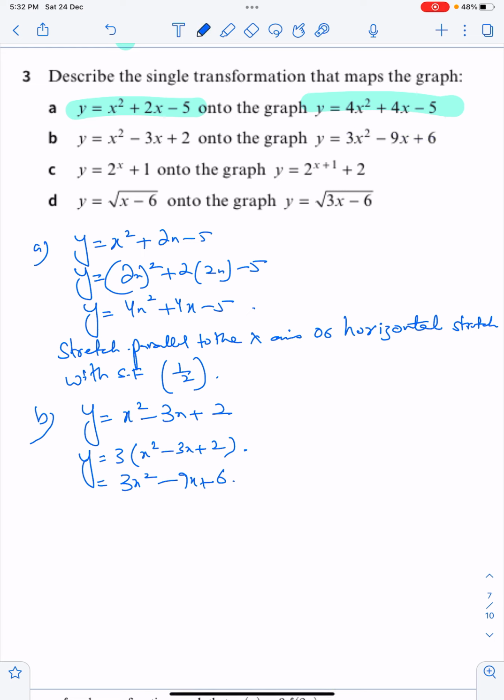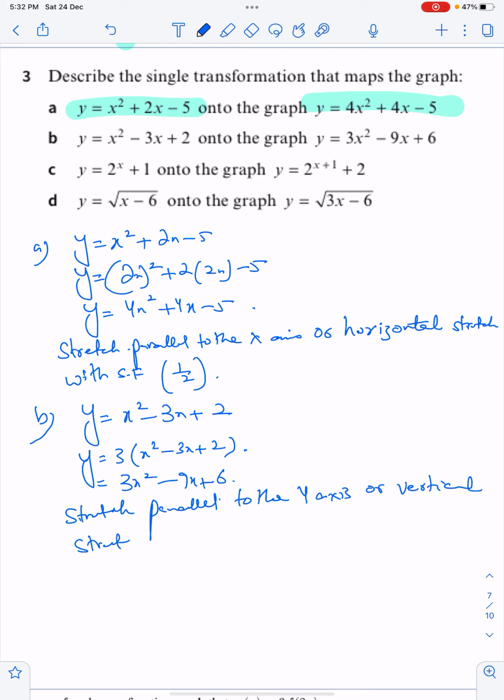That means the whole function is being multiplied by 3. So whenever the whole function is multiplied by a constant, that means it's a stretch parallel to the y-axis, or a vertical stretch with stretch factor 3.